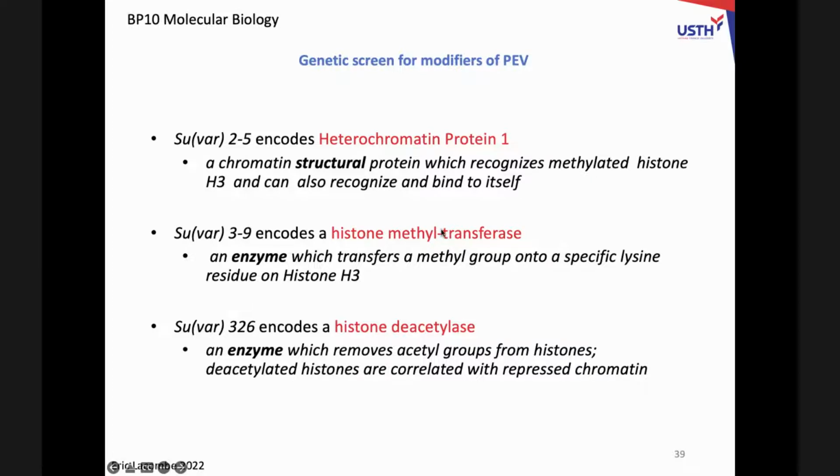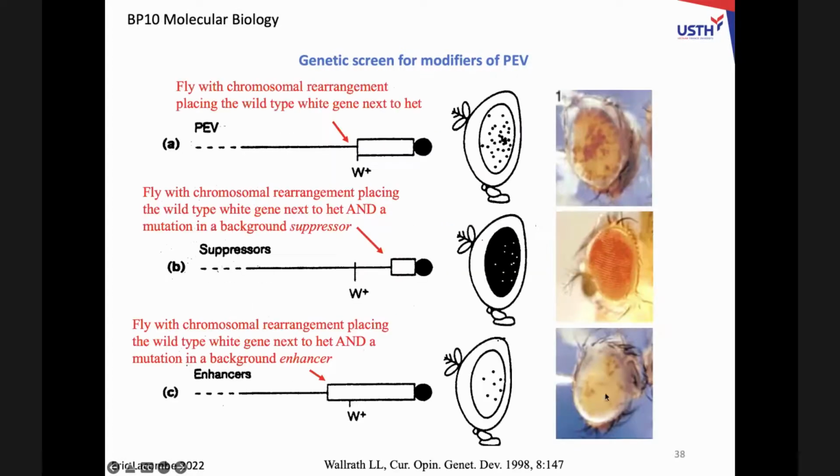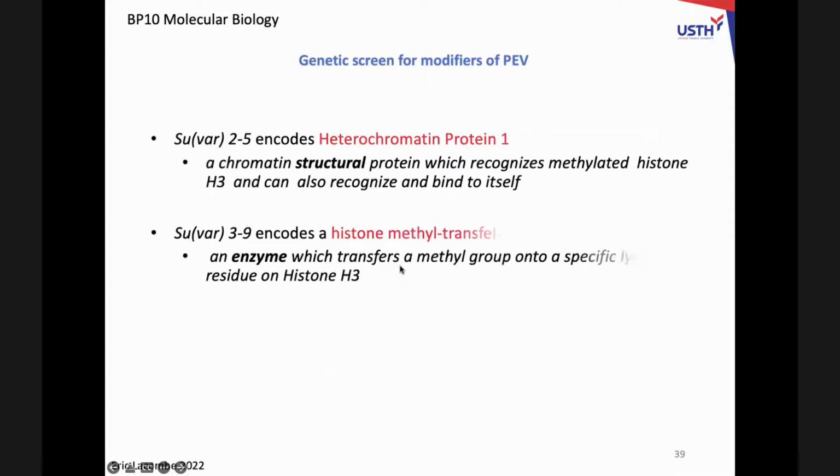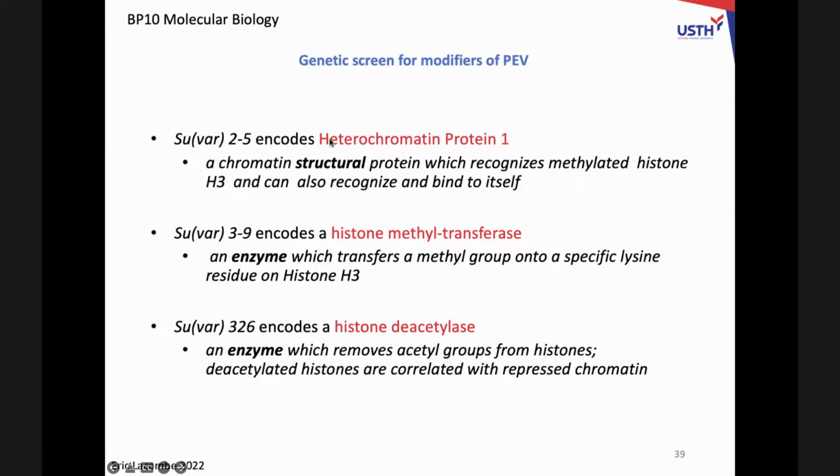So basically, from this very simple genetic screen, starting from a gene that is not well expressed because it's next to heterochromatin, it can be expressed at the same position because you have completely knocked down some genes that are directly implicated in the formation of heterochromatin. We saw them here. I selected these three genes because they are the ones that we saw: HP1, histone methyltransferase, and histone deacetylase.